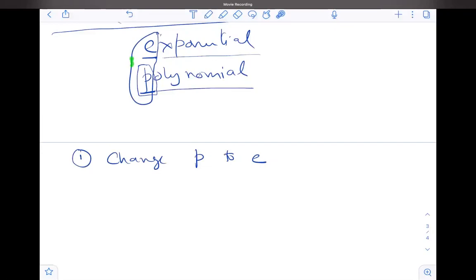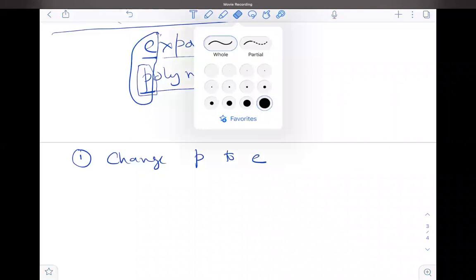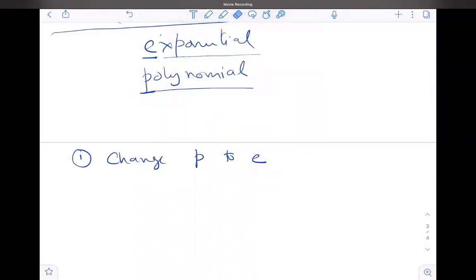Now, if that is not the case, then what happens? I can delete P. By deleting P, the transformation case for it disappears, and then you change polynomial into exponential. That's it. And you pay one more extra cost.